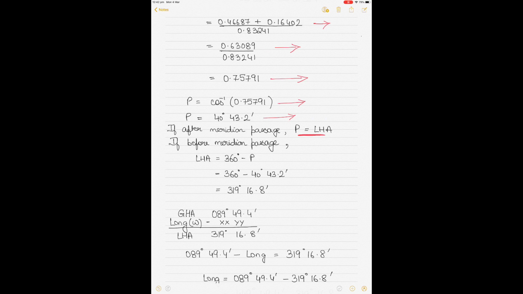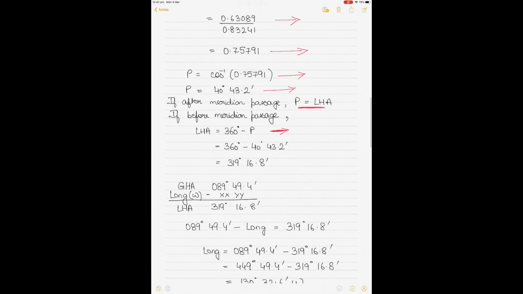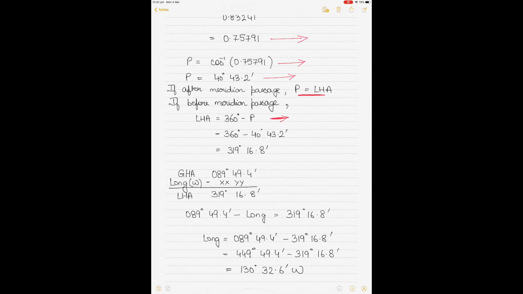However, if it is before meridian passage, LHA will be equal to 360 degrees minus P. In this question, it is before meridian passage, because we mentioned at the very beginning the sun is still rising. It is east of the meridian. So whatever you get as P, you will subtract from 360 degrees to get your LHA. That is one method.